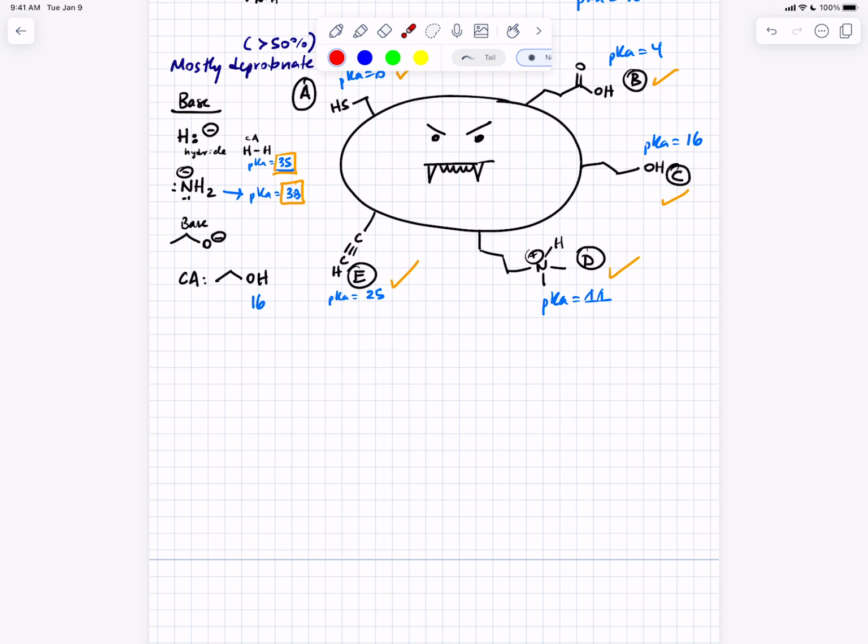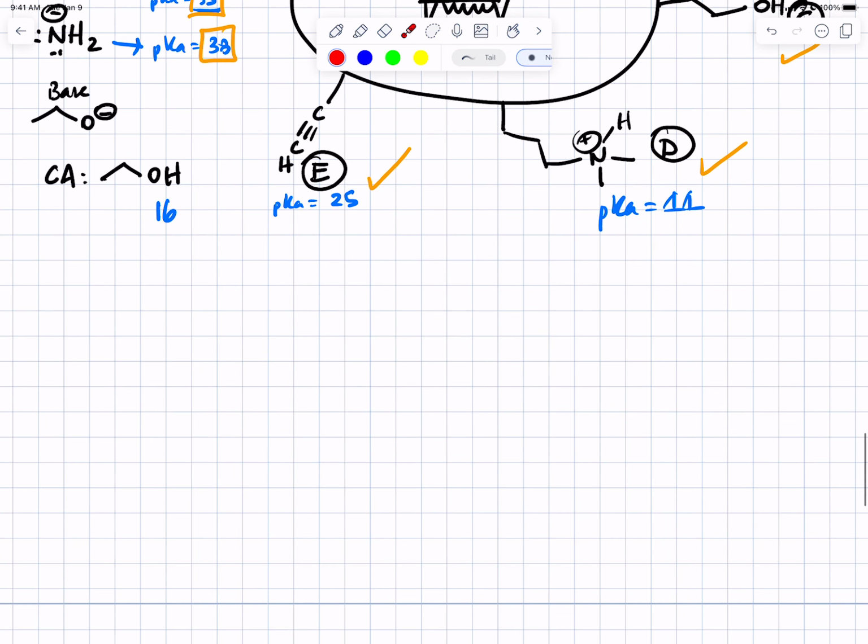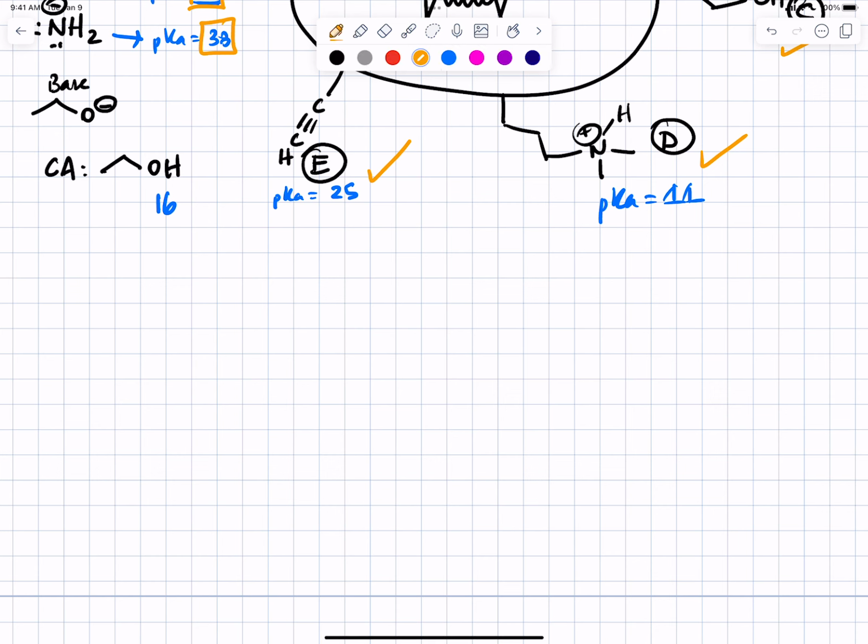Okay, so I want to take just a minute. We've talked all along about the whys behind the pKa trends. You need to be aware of those. Remember electronegativity, size, resonance. I mentioned something about the alkyne that I just want to illustrate briefly. The pKa of the alkyne, as I said, going to the acetylide is 25.